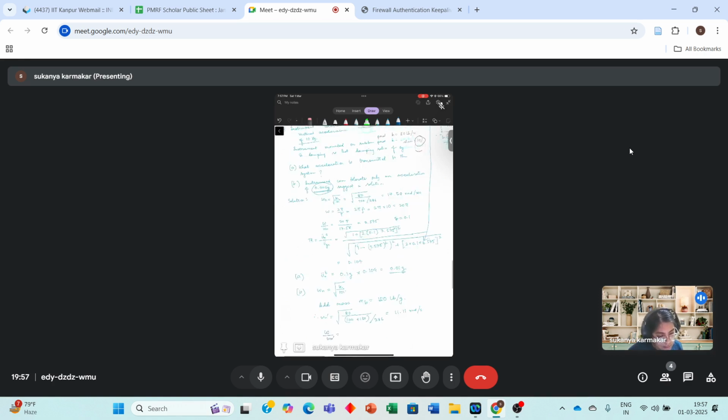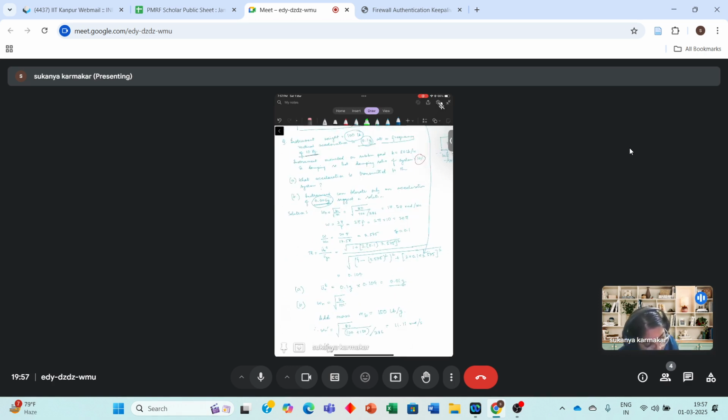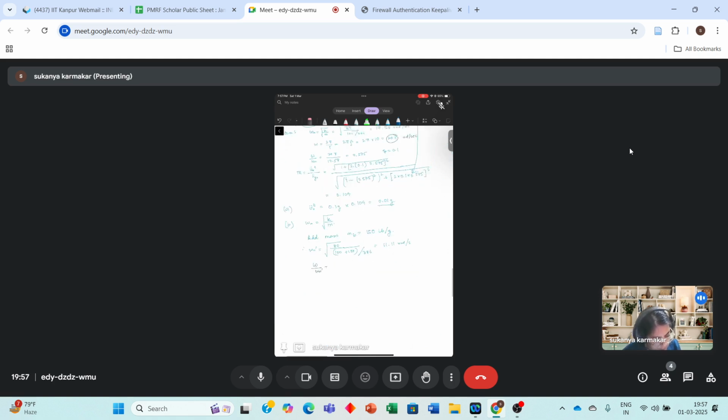What is the exciting frequency in the problem? It is 10 hertz, which is converted into radians per second. You get 20 pi. So 20 pi divided by the new frequency. New frequency is 11.1111, which comes out to be 5.655.